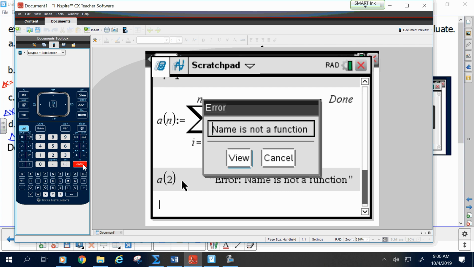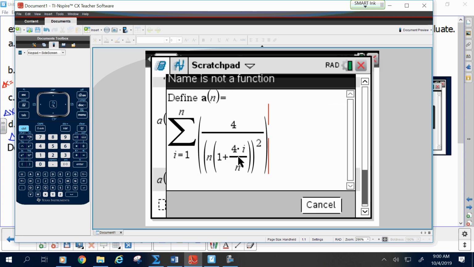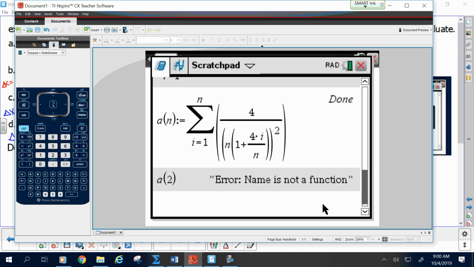Name is not a function. Oh, that's bad. Did I type in this function wrong? Why does my function look so funky? Did you guys get a result?